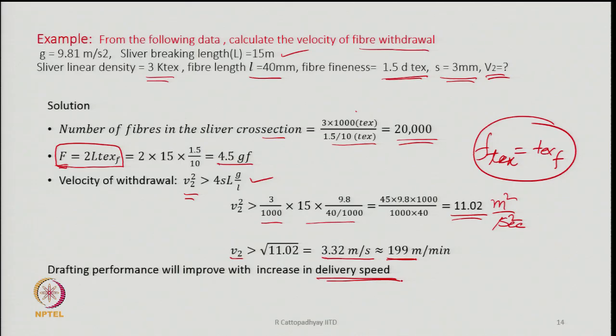But if the draft is high and speed also is high, then irregularity is not going to be more, irregularity will be practically the same or may remain a little less.